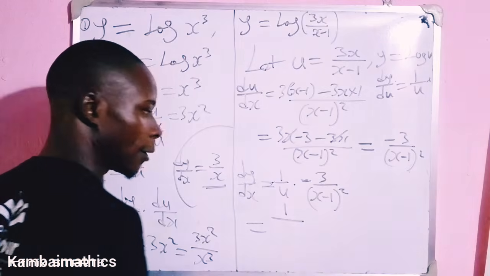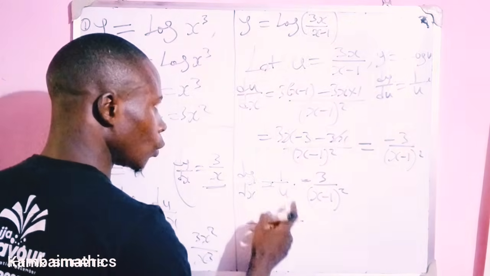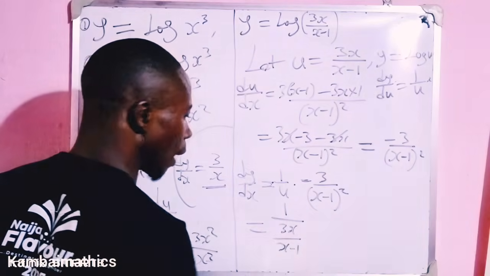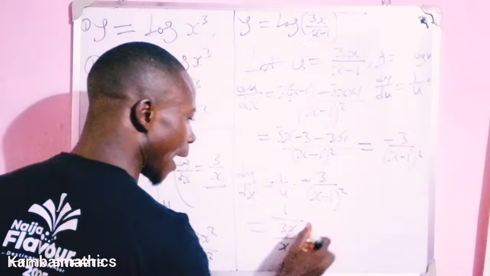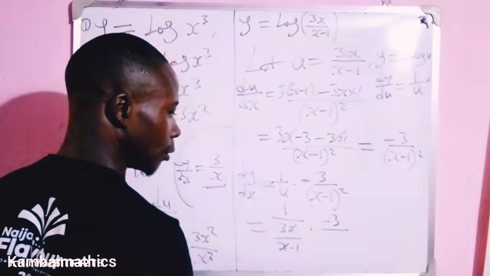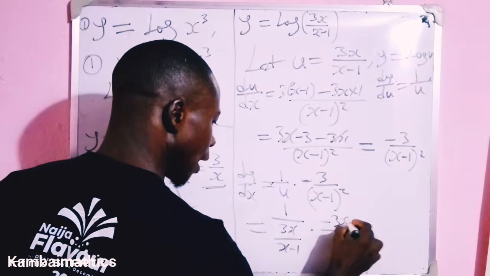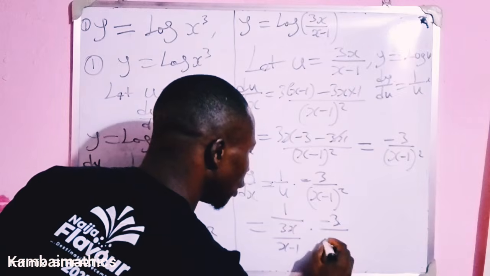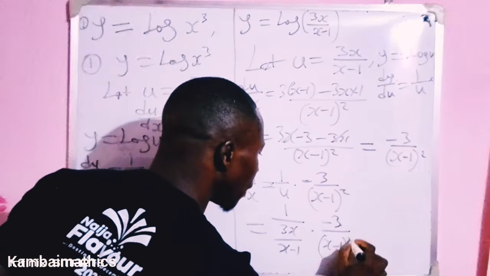So this will give us 1 all over u, which is 3x all over x minus 1, then times minus 3 all over (x minus 1) all in bracket squared.